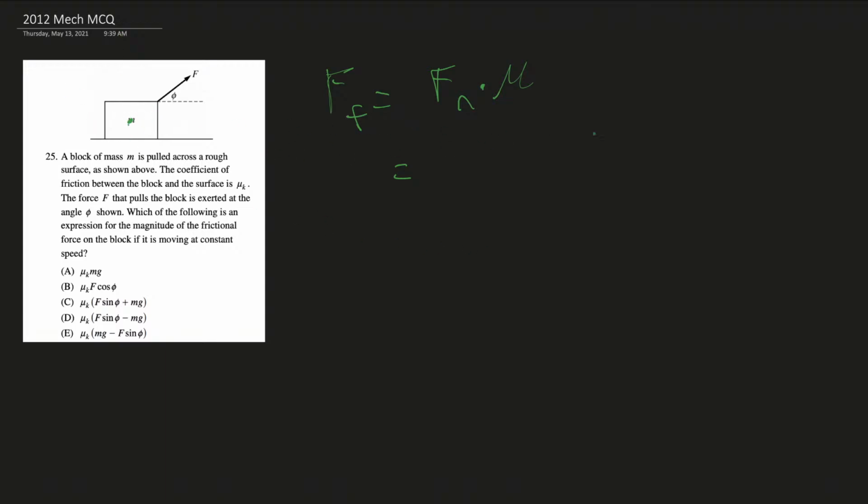So if we just draw a free body diagram, we have an mg force downward and an upward normal force. Now the normal force basically counteracts whatever it gets pushed on itself by.